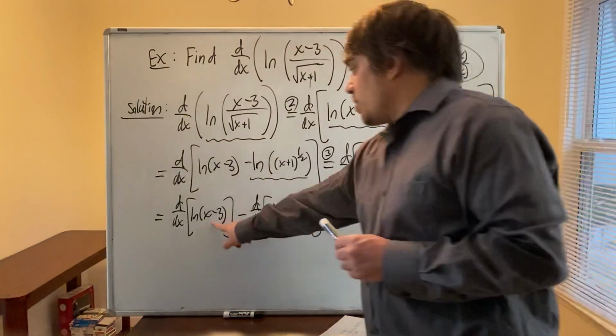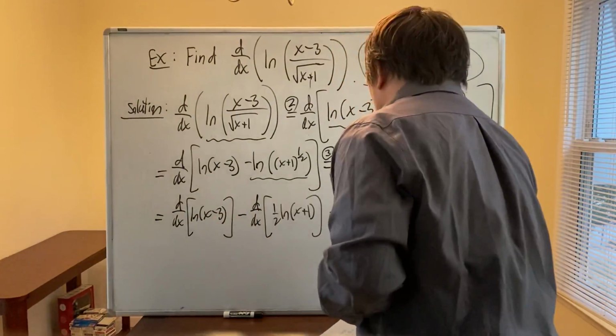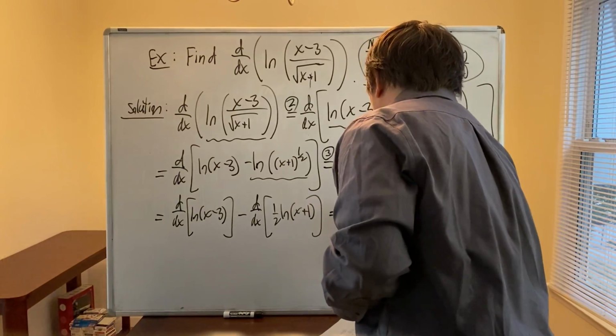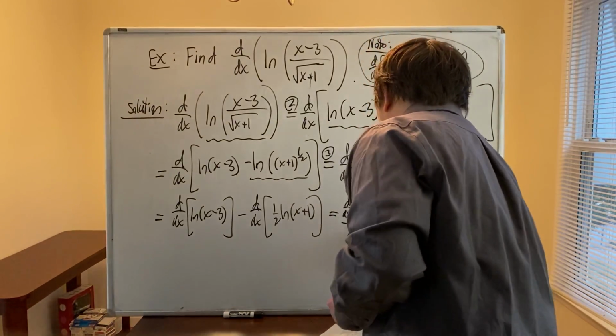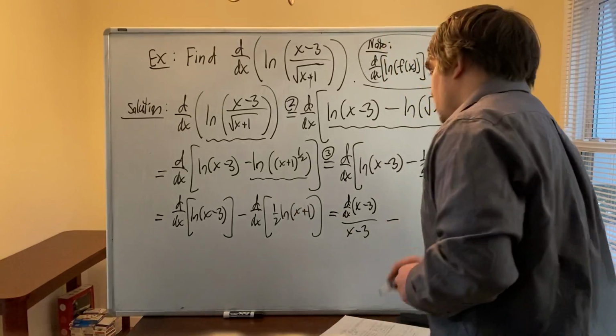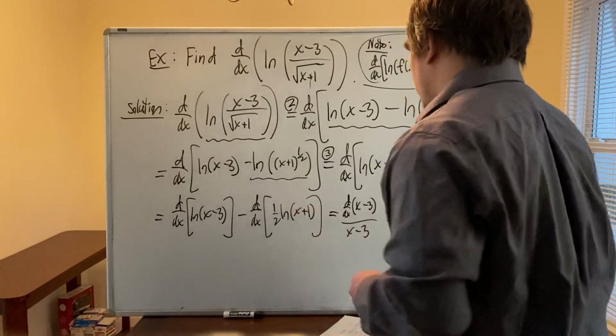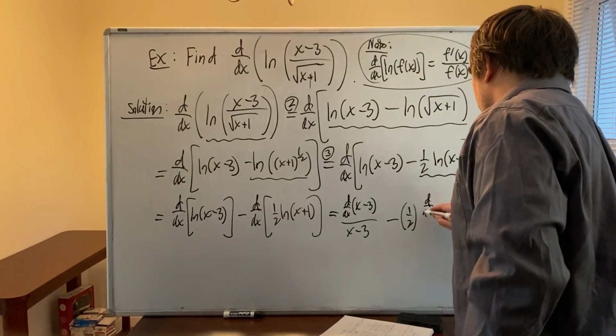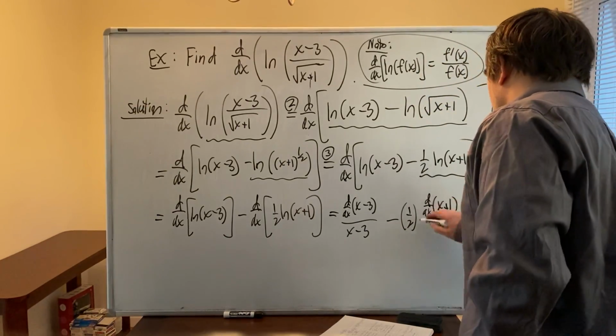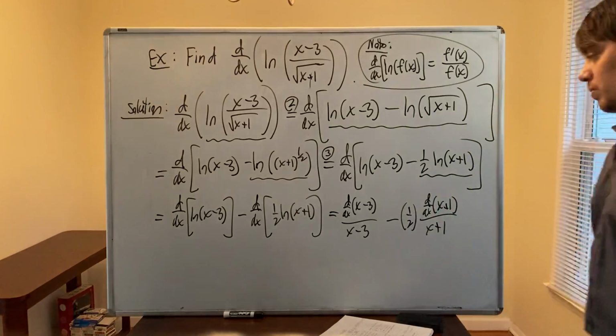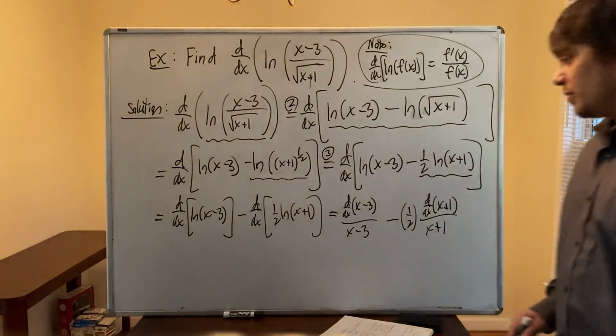So here f of x is x minus 3. So the derivative of ln of x minus 3 is the derivative of x minus 3 divided by x minus 3. And this is minus 1/2 times the derivative of ln of x plus 1, which is the derivative of x plus 1 divided by x plus 1. Okay?